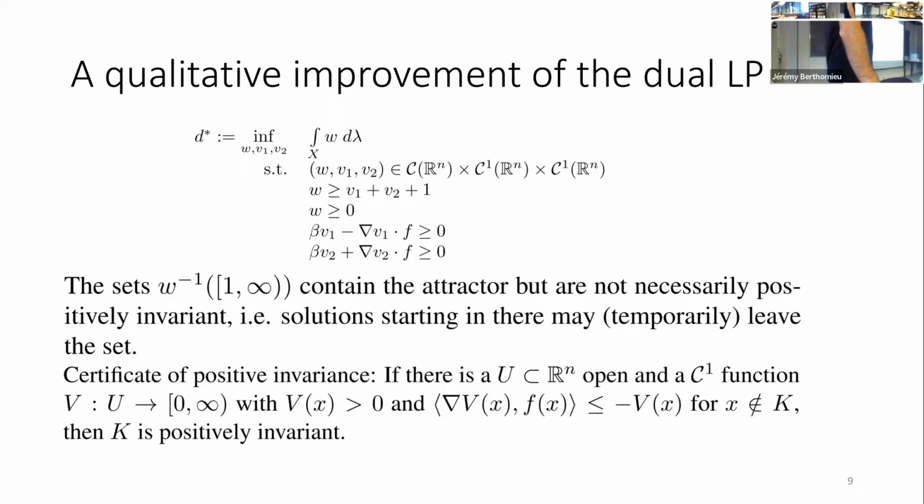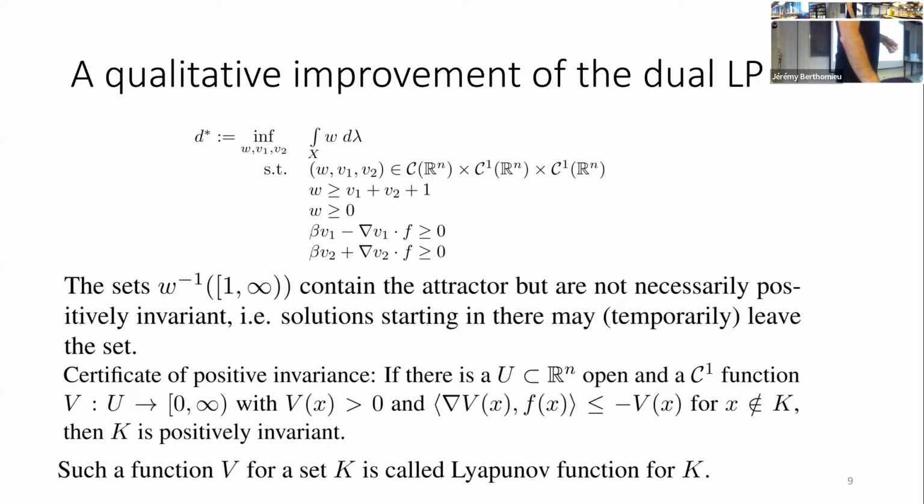I want a set like this that is additionally invariant. So what I would like to do is search for a Lyapunov function that vanishes on this set, or maybe even a smaller set. And how do I search for such a Lyapunov function? I replace everything here by sums of squares. Since I have inequality constraints, I hope to represent this by sum of squares.